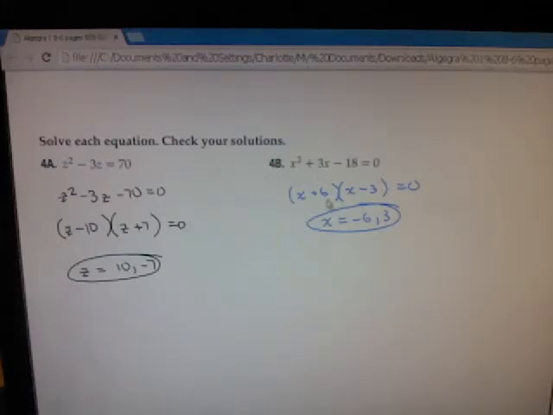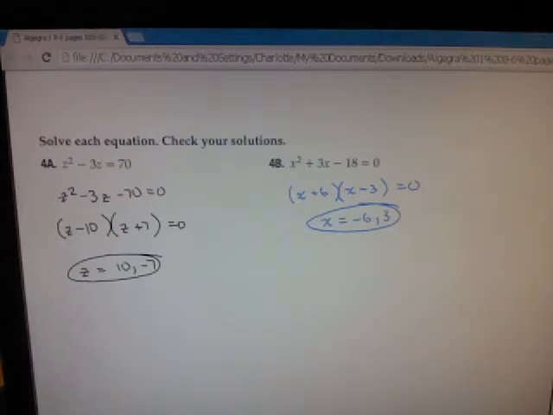So that would be 6 times 3. If you multiply that, you get a negative 18. You subtract it, you get a positive 3. If I say x plus 6 equals 0, I would have to move my positive 6, which would give me a negative 6. And then if I set x minus 3 equals 0, if I move my negative 3, it will give me a positive 3.